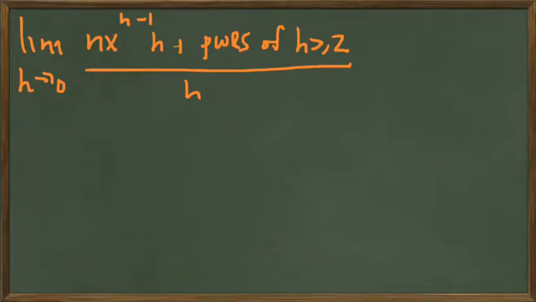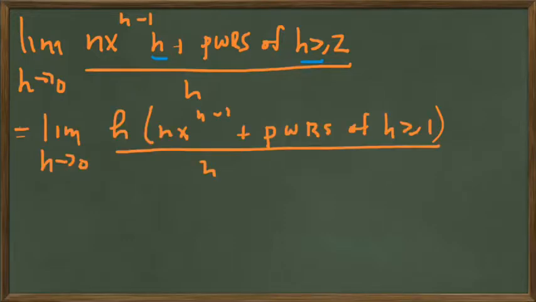So all the terms in the numerator have an h in them, and we're going to factor an h out of them. So once we do that, we can pair up this h factor in the denominator with this h in the numerator, cancel the h out.